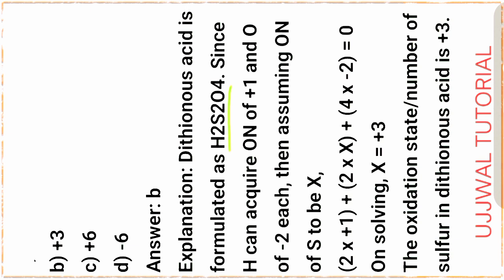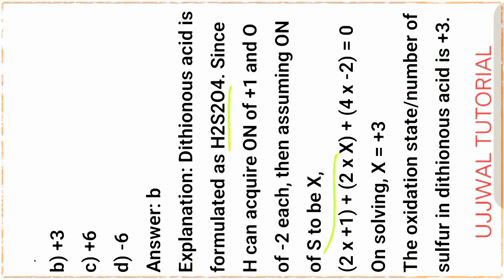Since hydrogen has an oxidation number of plus 1 and oxygen of minus 2, let the oxidation number of sulfur be x.